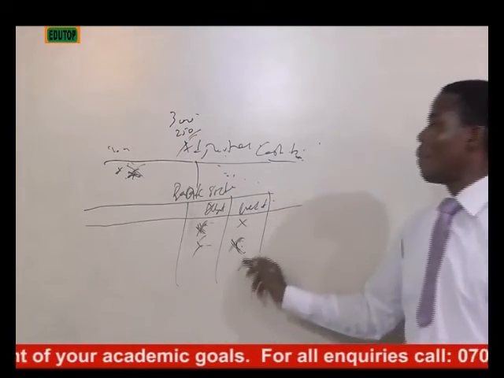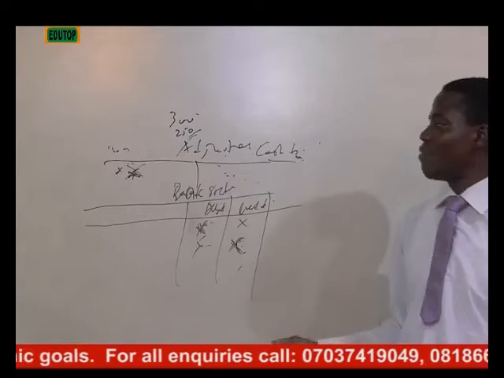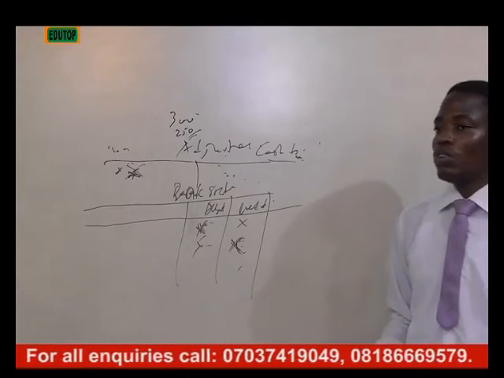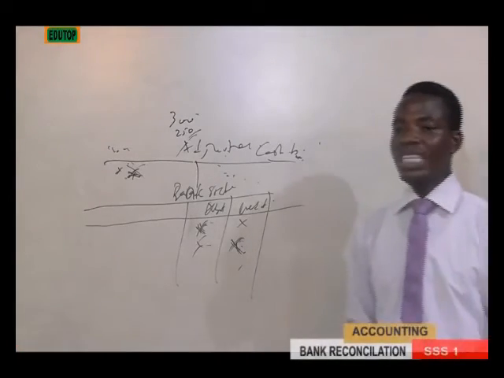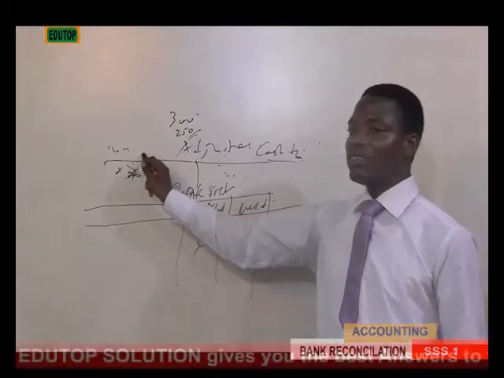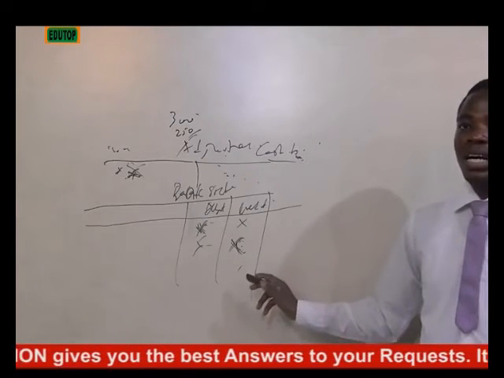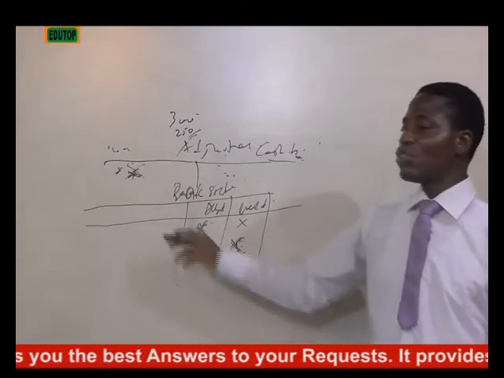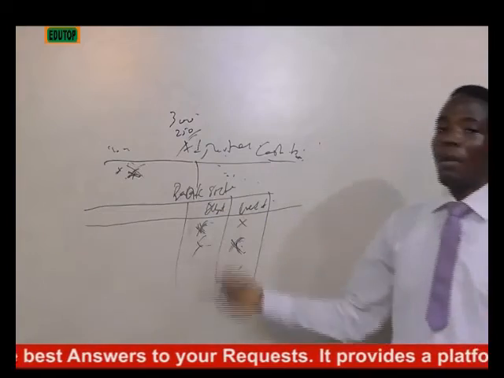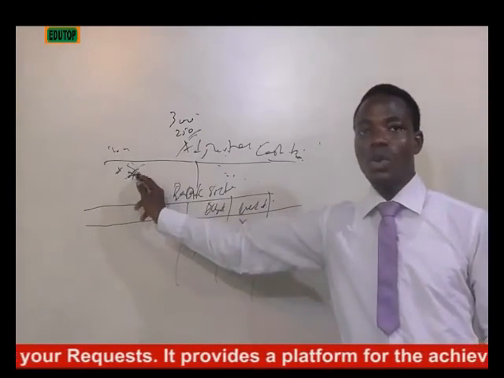That means they are crediting your bank account. So if the bank did not notify you that the dividend has been paid on your behalf, then it will cause a disagreement. So in order to do the adjustment, you will add it back because it's money that you receive. You have already been credited by the bank. Had the bank notified you, you would have added it. But when the bank did not notify you, then you prepare the cash book and add it into your cash book.